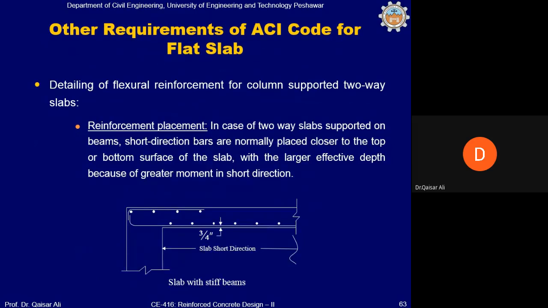Reinforcement placement. If you remember, in the case of two-way slabs supported on beams, short direction bars were placed closer to the top or bottom surface of the slab because their short direction bending moments were found to be more than the long direction bending moments. Okay, you know this.